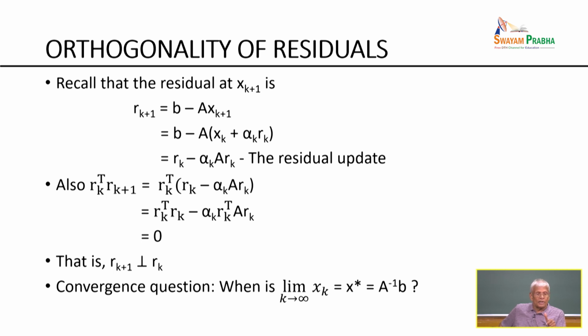But what am I interested in? I am interested in a global behavior ultimately. What is the global behavior I am looking for? Xk, as k becomes larger and larger, must converge, must move towards x star, the promised land, the minimizer. So, that is what is called analysis of convergence of this method.